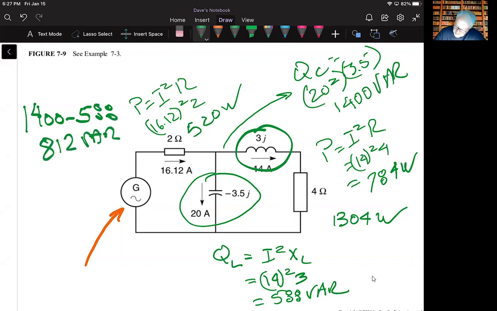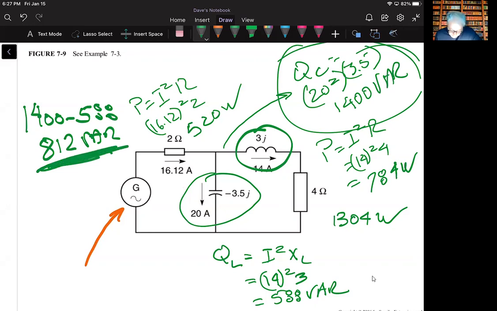Now, since the capacitive portion of this was larger than the inductive part, this is primarily a capacitive circuit. The reactive power must be absorbed by the generator. As far as reactive power is concerned, the generator acts as a load of reactive power. The active power absorbed by the resistors must be supplied by the generator, and it is that much there.